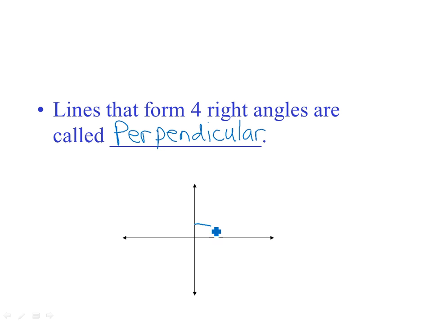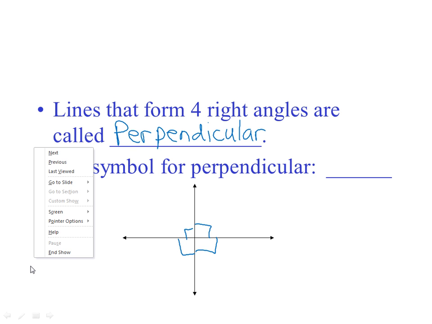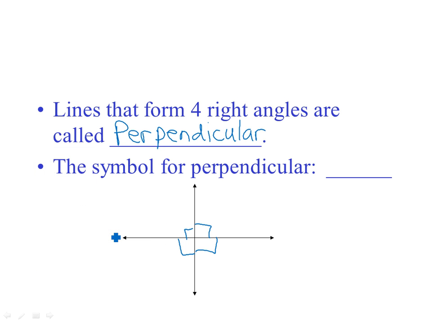They form 4 right angles. Those 2 lines are said to be perpendicular to each other. The next thing, the symbol for perpendicular. The symbol for perpendicular is this, like an upside down T. All right?